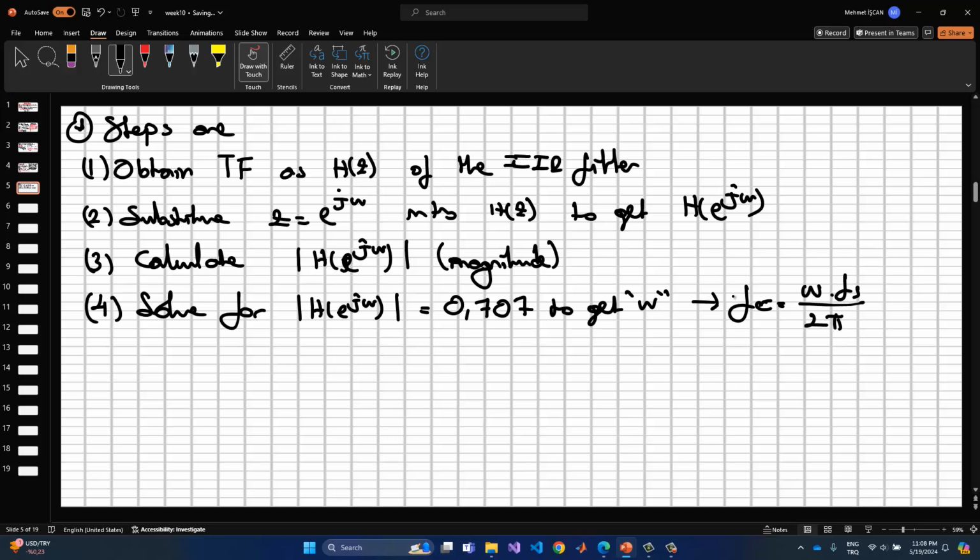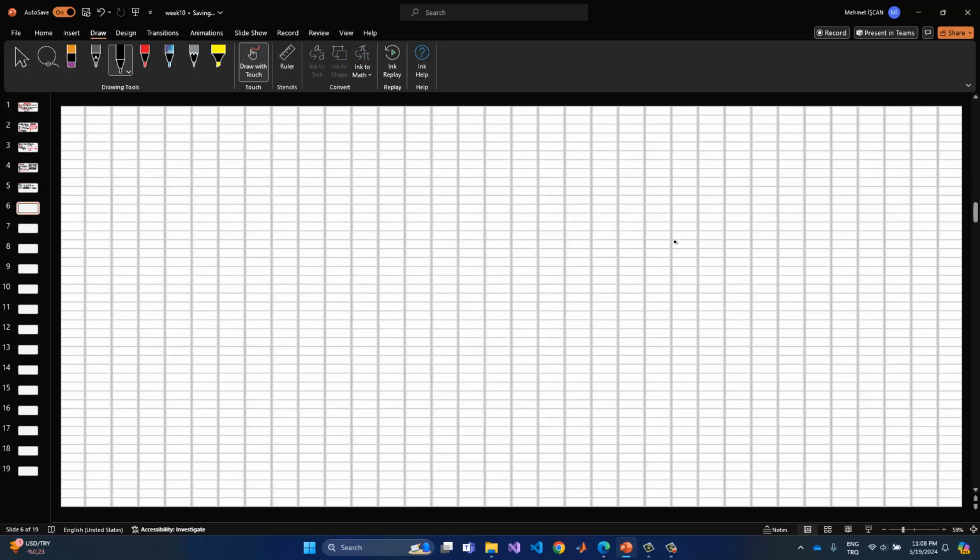This cutoff frequency can be determined with these equations based on these two conditions, guys. So we should create examples of the solutions here.